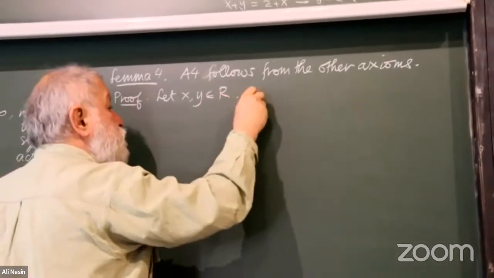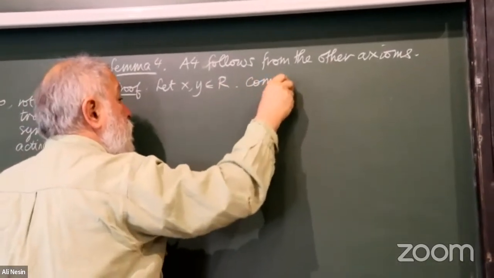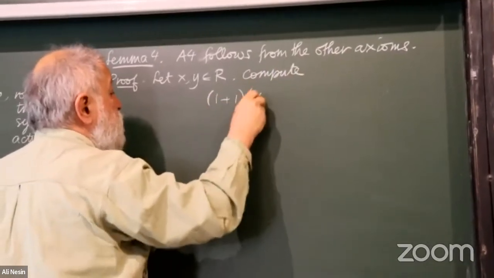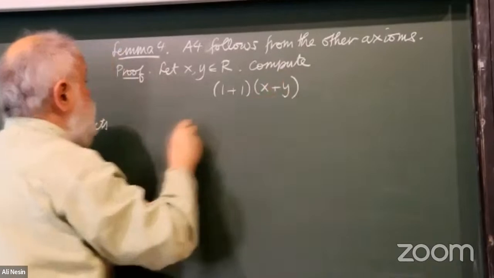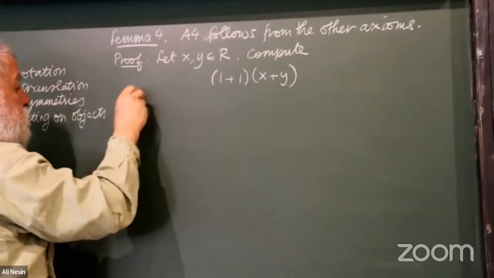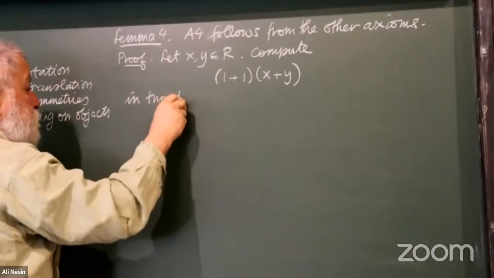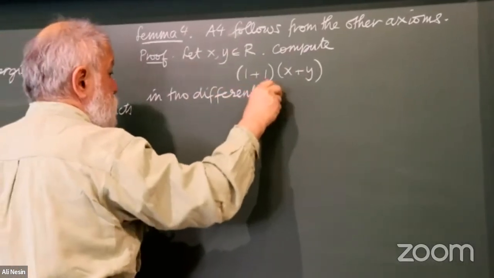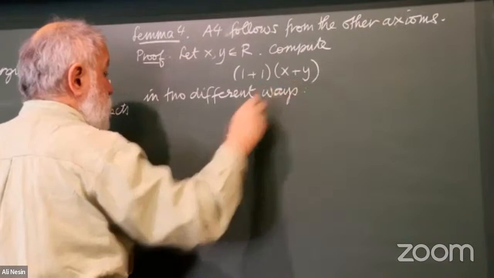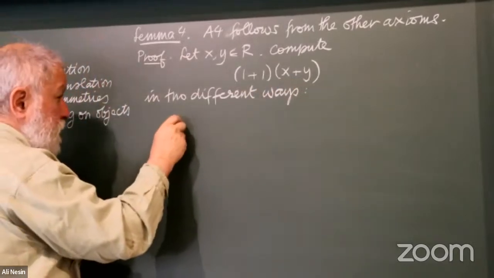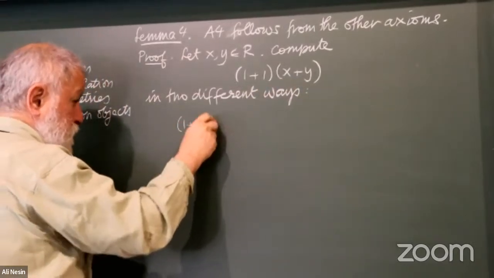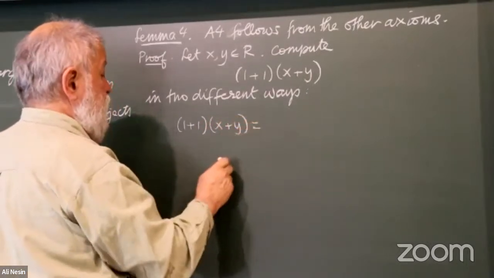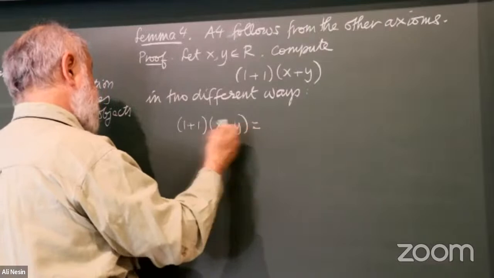Now compute (1 plus 1) times (x plus y) in two different ways. One way is the following. I distribute from the right.